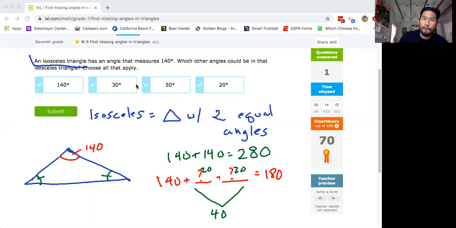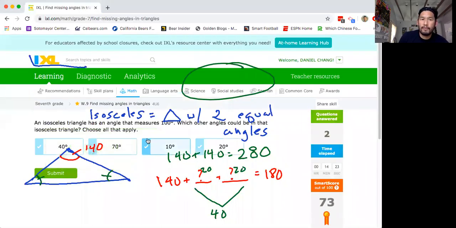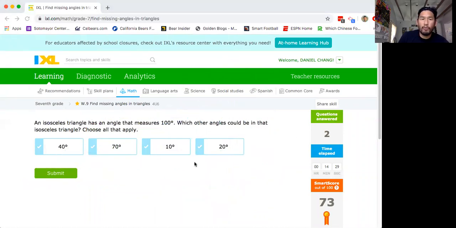That gets you a full triangle. So if I'm going up here to all the answer choices, there's only one answer choice that really works here. It's this one. So I'm going to click that, hit submit, and I'm good. Now let me clear all my drawings and do one more example.